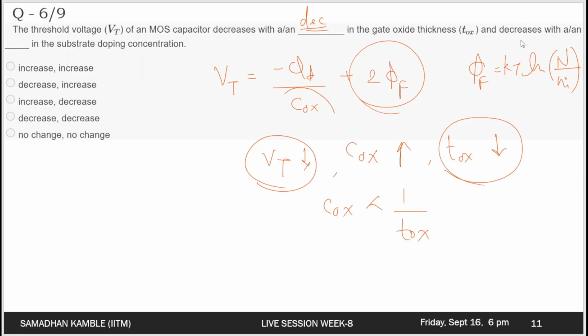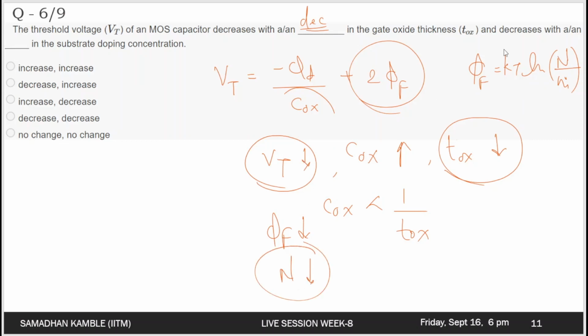So when we increase this particular value, the value of phi f is also going to increase. So when Vt is decreased, that means this particular parameter is decreasing. So Vt decreases when phi f decreases. Phi f decreases when the substrate doping concentration also decreases.